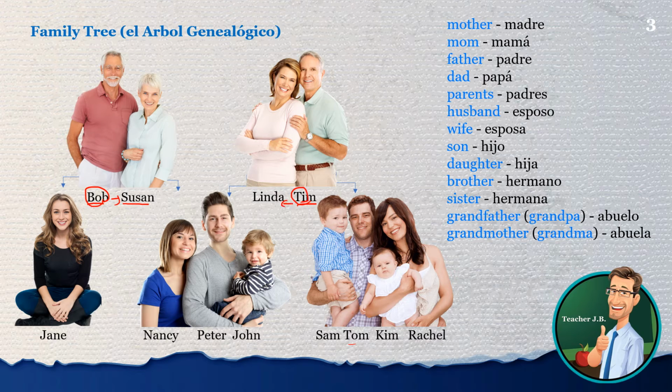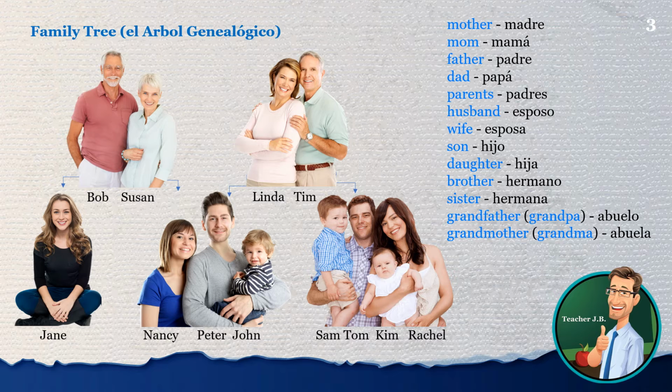Tim is Linda's husband. Peter is Nancy's husband. Tom is Rachel's husband. And wife, Susan is Bob's wife. Linda is Tim's wife. Nancy is Peter's wife. And Rachel is Tom's wife. Okay? So we have studied so far mother, mom, father, dad, parent, husband, wife.